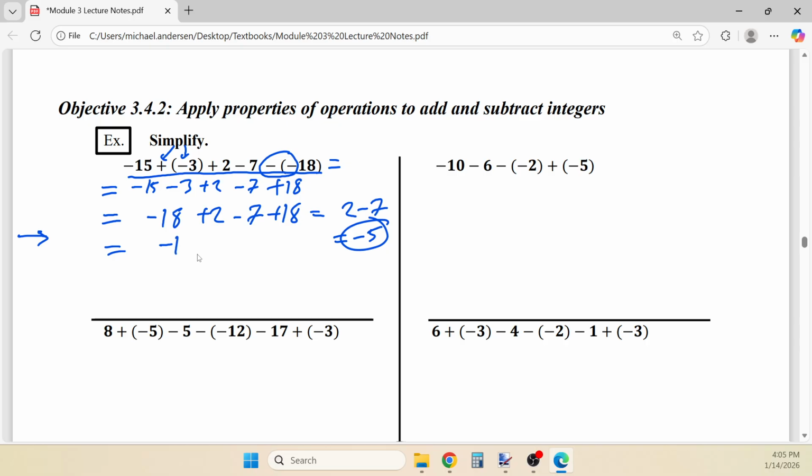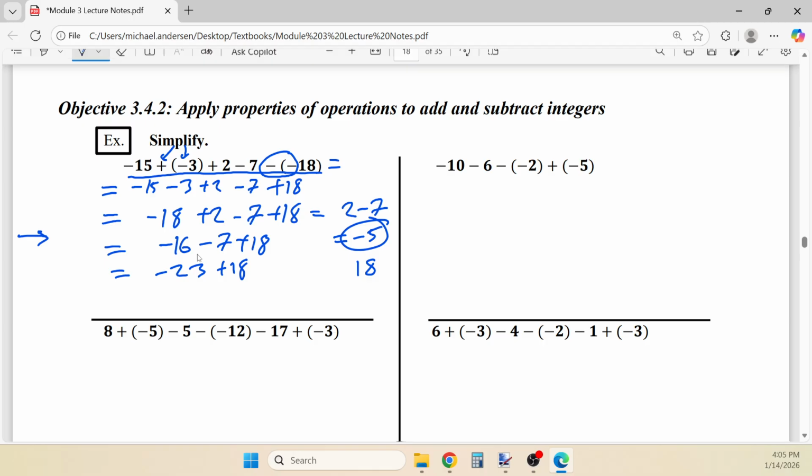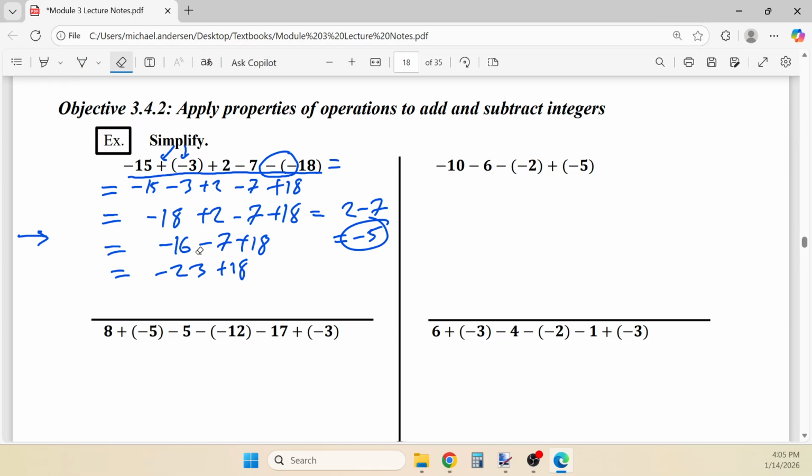-18 plus 2 is -16. Negative 16 minus 7 is negative 23. Then I have different signs. I have a negative 23 and a positive 18. Since they are different signs, I use my subtraction algorithm. I need to put the big number on top.